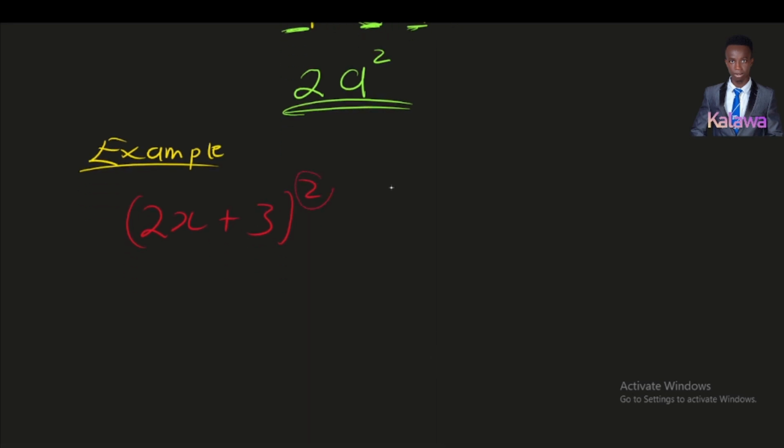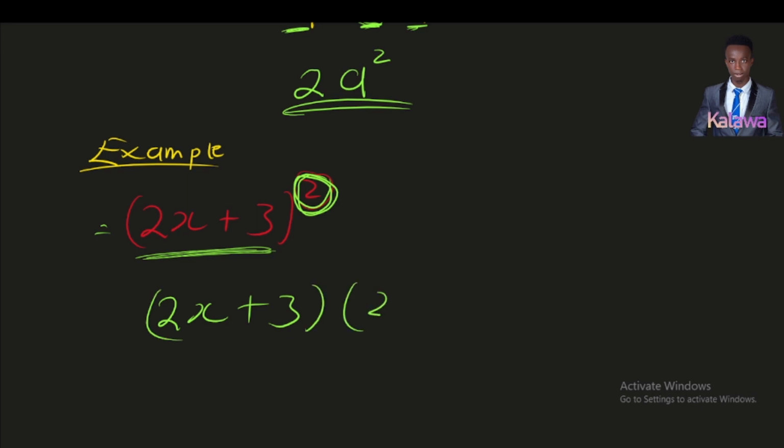Remember, this is square. It means this whole term, or we can say this binomial, is being multiplied 2 times because it's raised to the power 2, which is square. So meaning we can separate them. So we can now say this 2x plus 3 into 2x plus 3.